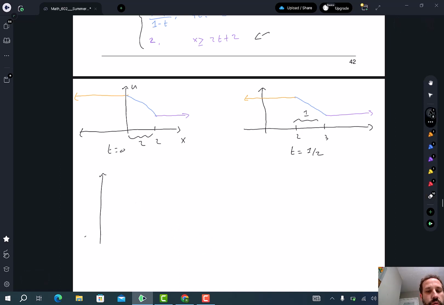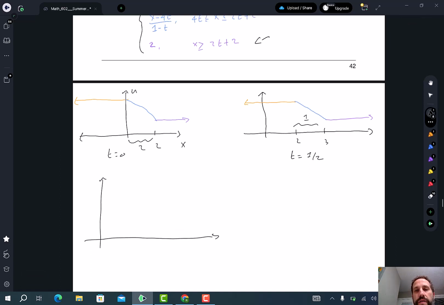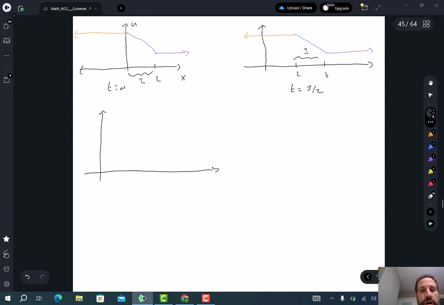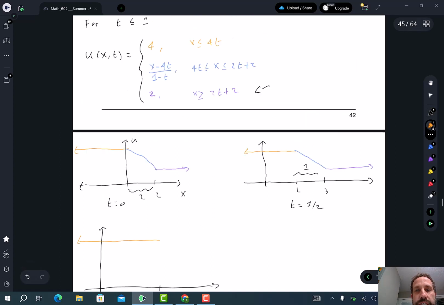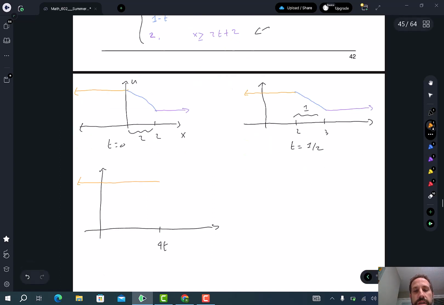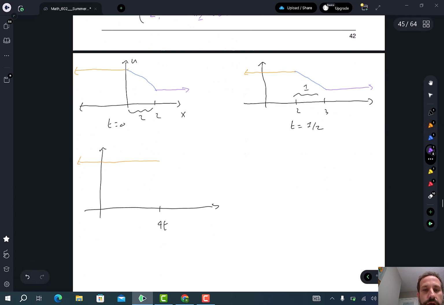When t is equal to 1, 4t is equal to 4. So it's going to be orange from here to 4t. But then 2t plus 2, if t is equal to 1, is also going to be 4. So it's going to be like this.